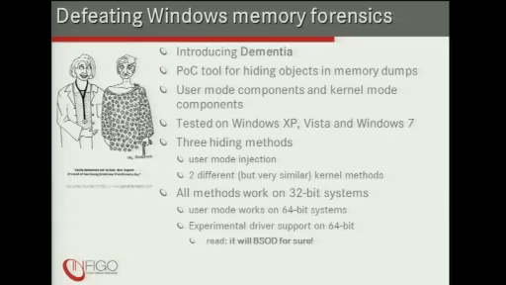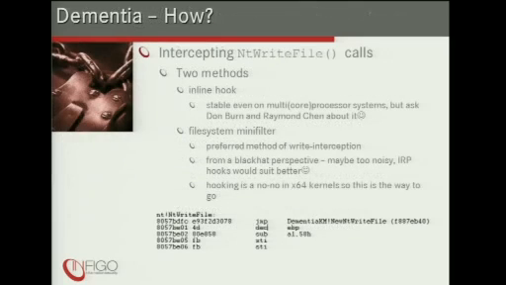I'll talk about them later. It has been tested on Windows XP, Windows Vista and Windows 7. It's more or less stable on all of those operating systems if they are 32 bit. On 64 bit, user mode injection is working, and the driver is very experimental, and I don't advise you to use it. So how does Dementia work?